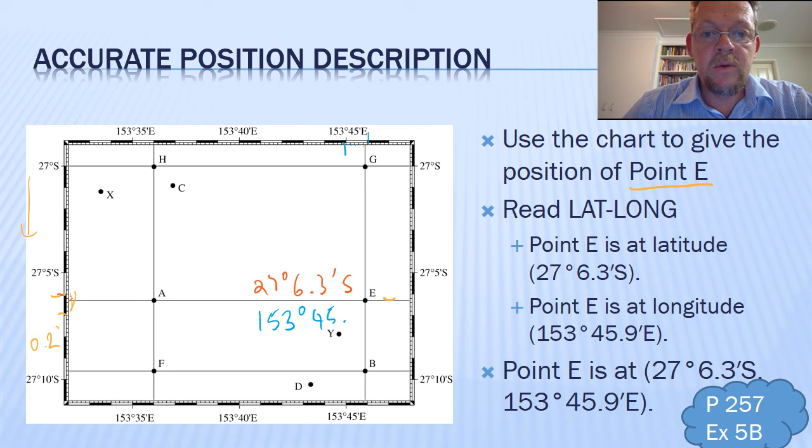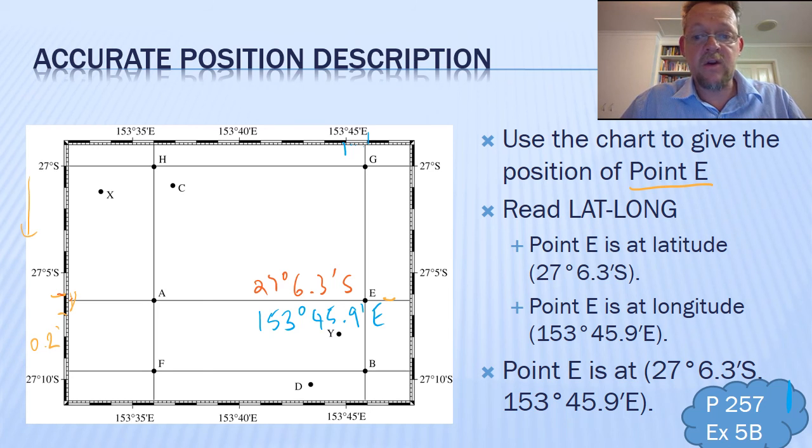Now to go to the decimal, it's 0.2, 0.4, 0.6, 0.8, and it's halfway through, so it's going to be 0.9 minutes, so 45.9 minutes, and it is on the east coordinate. So we can say that point E is at 27 degrees 6.3 minutes south and 153 degrees 45.9 minutes east. Now your work, as I can show you here, is on page 255. Please have a go at exercise 5B.